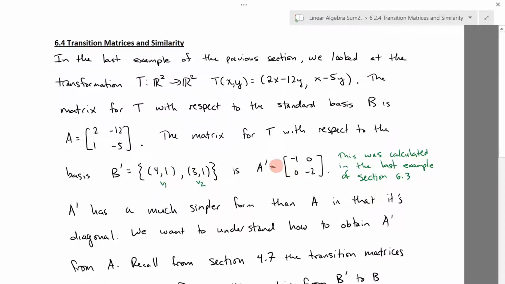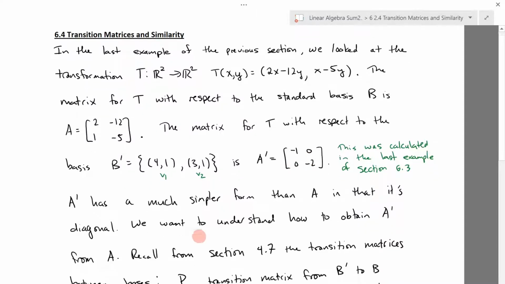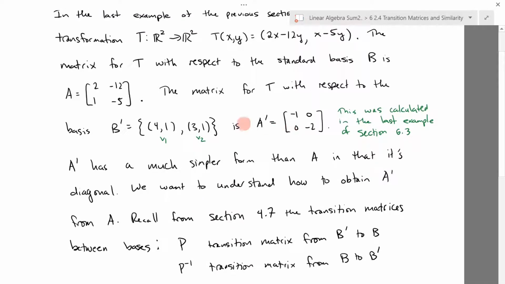So we have two different matrix representations for the same linear transformation, depending on which basis we choose. The standard basis gives us this representation, and this non-standard basis gives us this one. You can see that A prime has a simpler form than A, because it's a diagonal matrix.